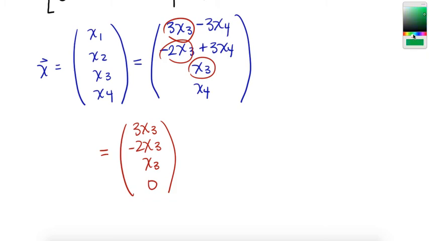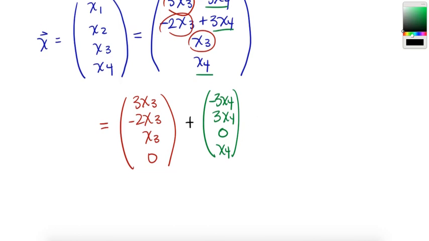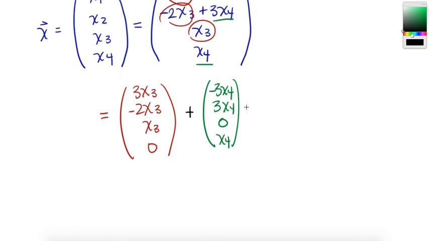And then let's do green. So this piece, and now this piece will be in this other part, negative 3x4, 3x4. Whoops, there's no x4 there, x4. Okay, and then each of these pieces has an x3, you factor that out as a scalar.